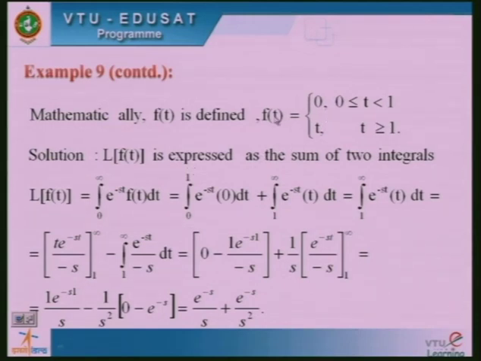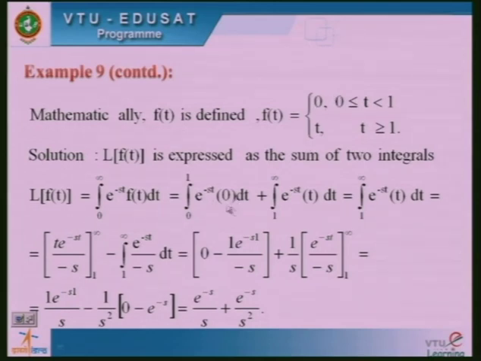Replace f of t by the given function, namely L of f of t is equal to integration of 0 to infinity e to the power minus st f of t dt. Is it clear? So, integration of 0 to 1 e to the power minus st according to the function in between 0 and 1, function value is 0.